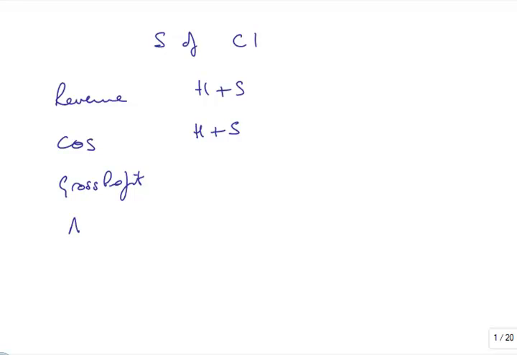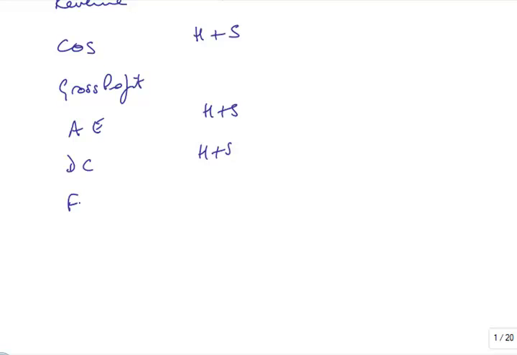Cost of sales, H plus S. That gives me gross profit. Admin expenses, H plus S. Distribution costs, H plus S. Finance charges, do you want to guess? H plus S. Income from subsid, ignore.